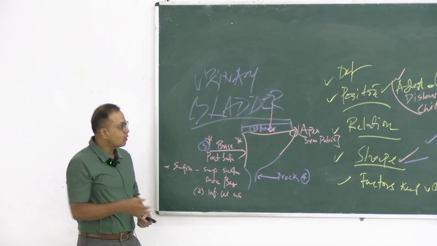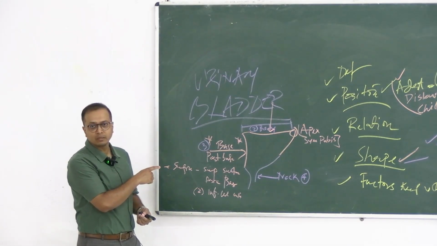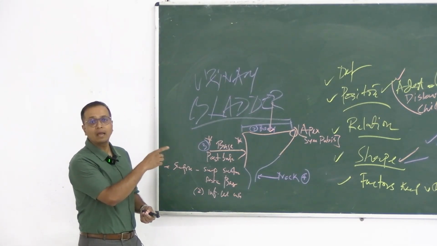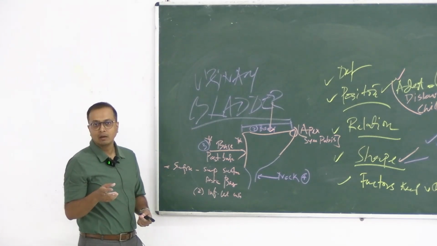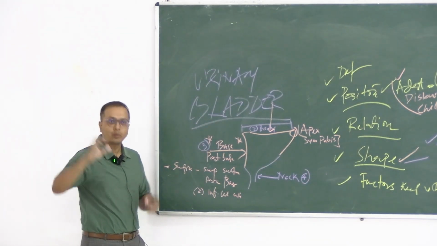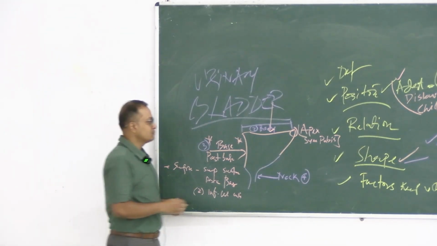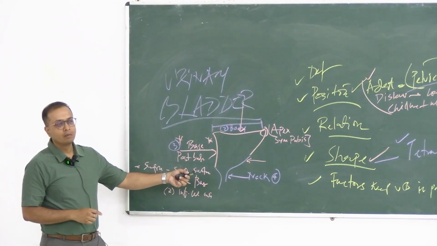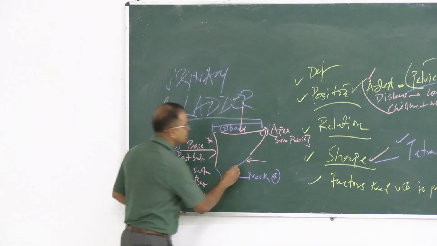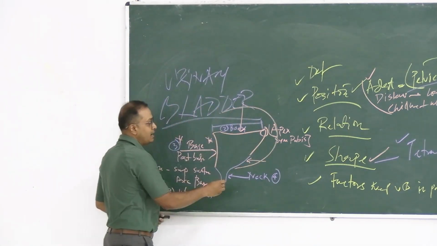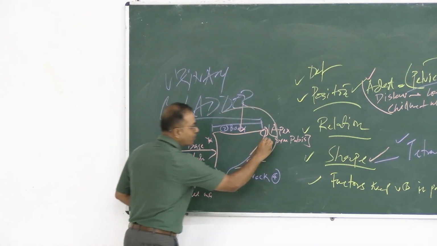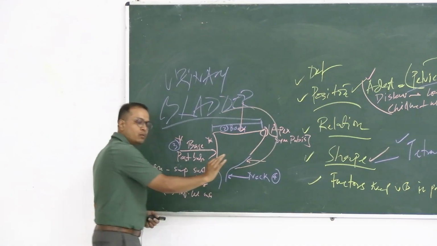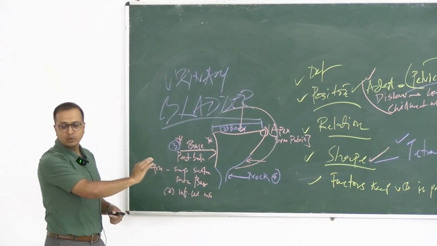So again, we are talking about the urinary bladder. This particular shape is tetrahedral with an apex in the collapsed state. It gains another surface when it is distended. This surface, which we are not noticing right now, becomes a surface when it is distended. This anterior one, which is submerged by the symphysis pubis, we do not consider as a surface when it is collapsed.